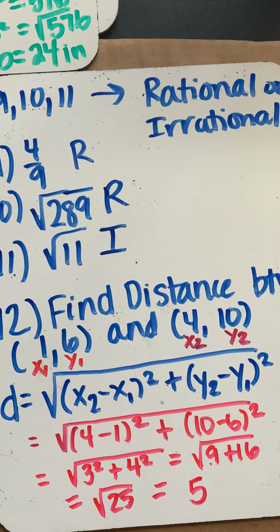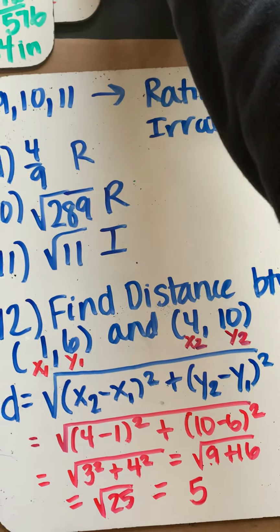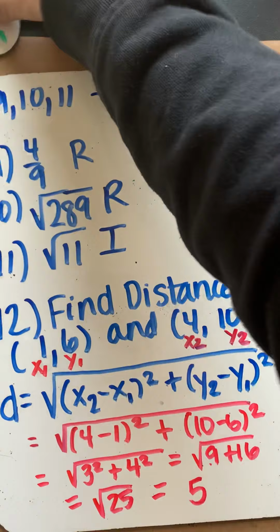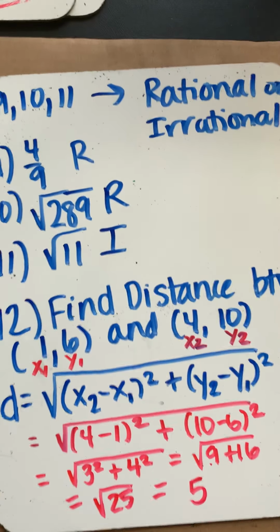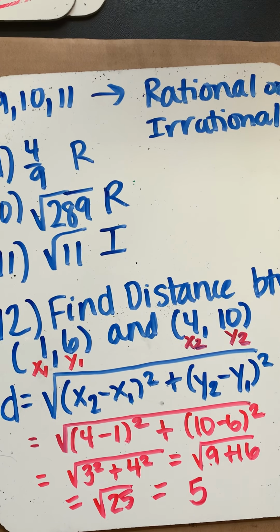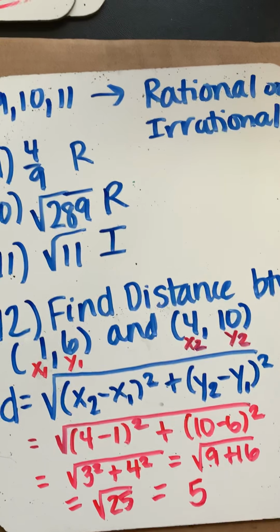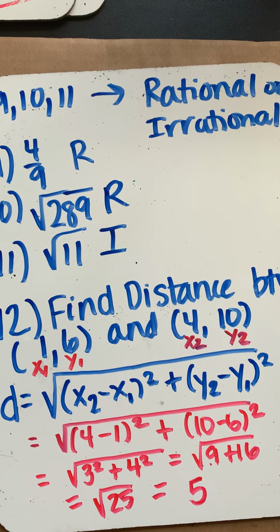Our distance is 5. Okay, so for distance, make sure you're copying the formula correctly, you're labeling the points correctly, and it's a surefire way of getting the right answer.